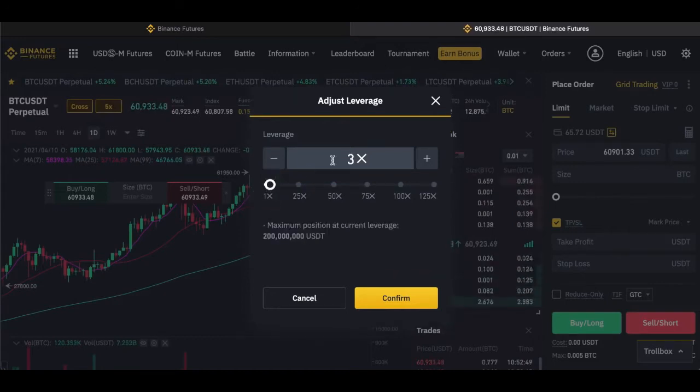This is up to you though, but if we just go to 5 here, what that essentially means is that if you have $10,000 on account, you can open positions worth $50,000. The reason for this is because that $10,000 that you have on account is collateral and insurance against losses. If you have a position that is worth $50,000 and it goes down 10%, then you'll be down $5,000.